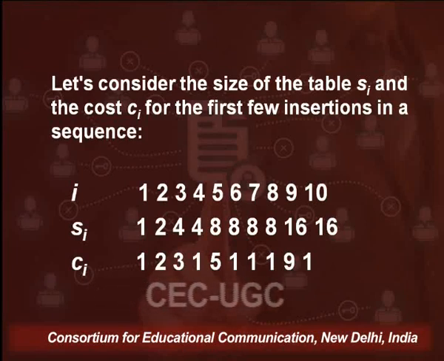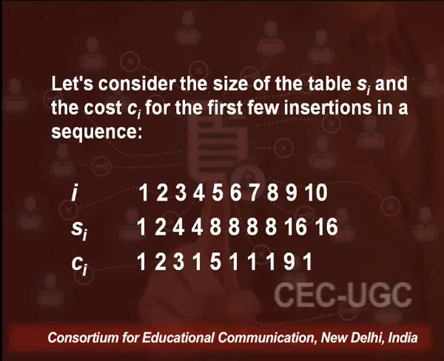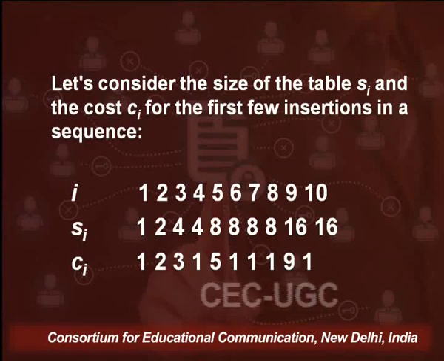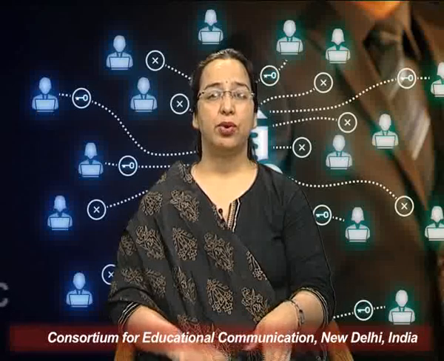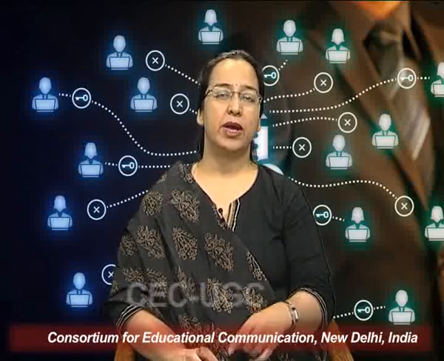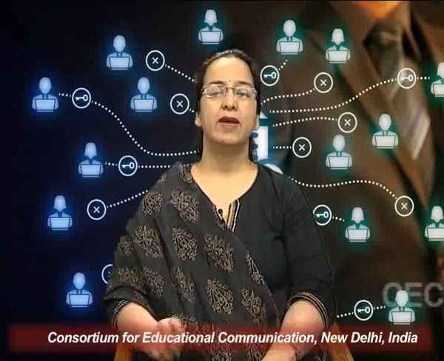But the moment i is equal to 9, that means we have the 9th insertion, we don't have a space, because the size of the table is 8 till this point. So we need to double it. So 8 elements for copying and 1 for insertion. So we have the cost as 9, and then we again have cost as 1 till we double the size.